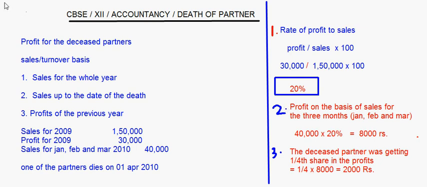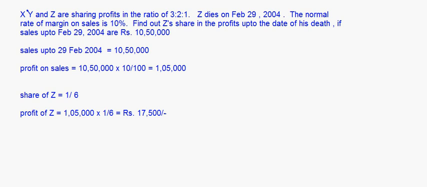So there are two ways to find the profit for the deceased partner. One is the time basis, one is the turnover basis. We have taken the turnover basis today, and this is how the profit is calculated based on the sales or turnover basis. So with that, I come to the end of this session. Bye.